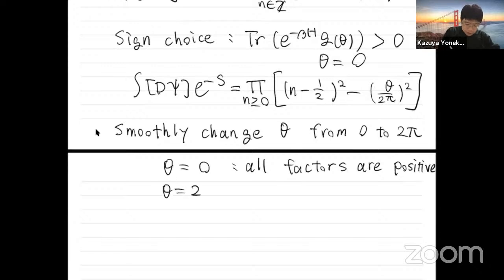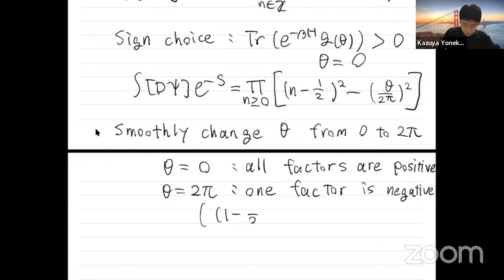But at theta equals 2 pi, in this infinite product, one factor is actually negative. So that negative factor is this one, n equals 1. So this 1 minus 1/2 squared minus theta over 2 pi squared.